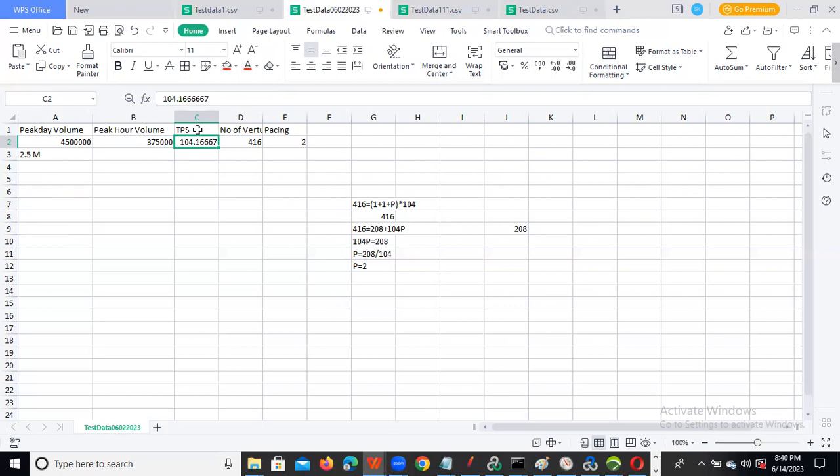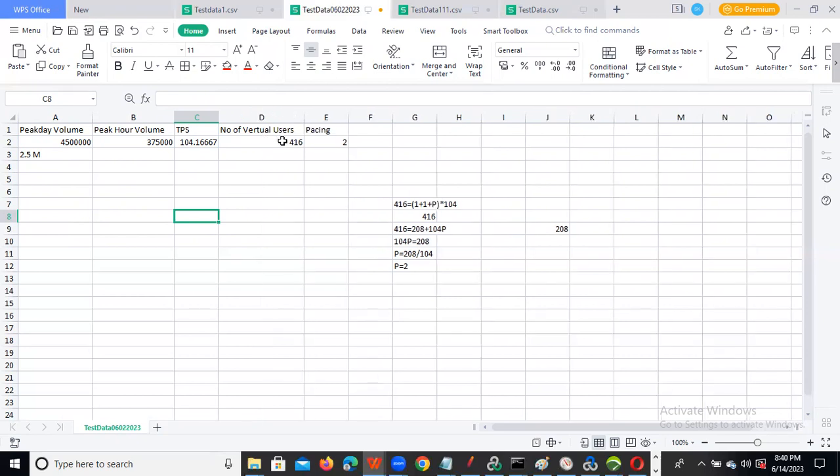Transaction per second, like 1 hour has how many seconds? 3600, right? So this 3,75,000 divided by 3600, we get 104 TPS. TPS is nothing but transactions per second, meaning per second 104 transactions are happening.